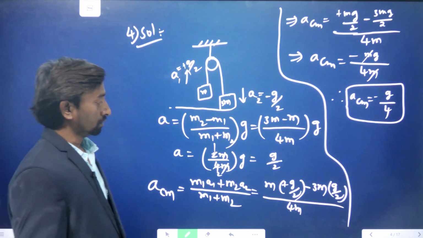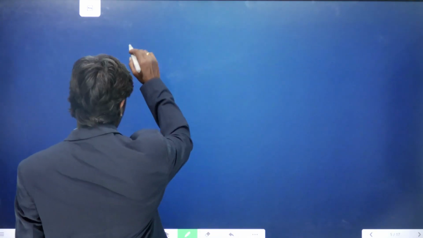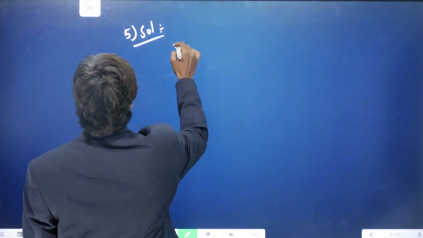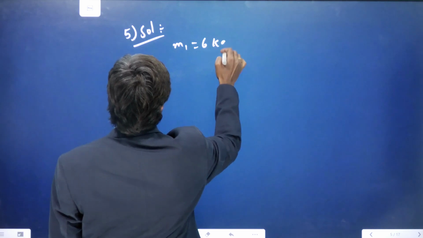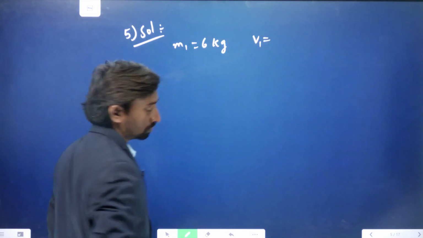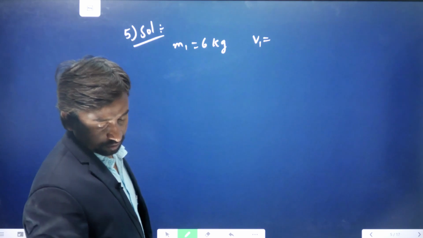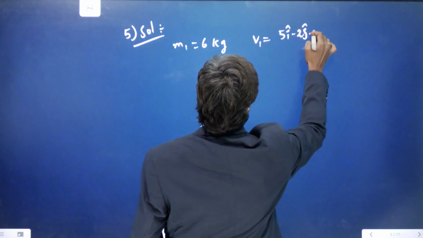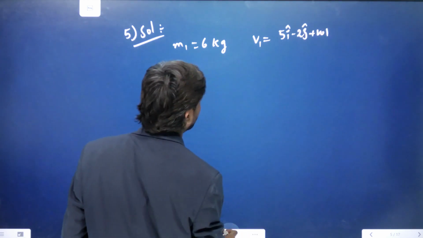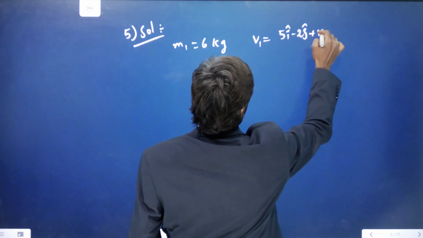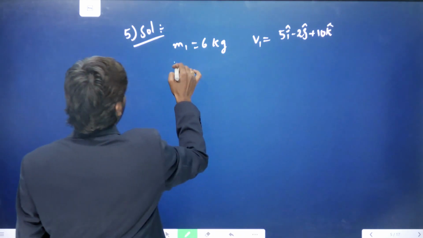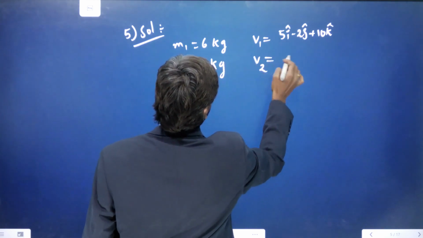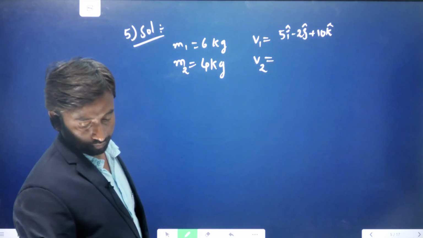Okay, so now write here, fifth one. So m1 is equal to 6 kg and v1 is equal to 5 i cap minus 2 j cap plus 10 k cap, and m2 is equal to 4 kg, and v2 is equal to how much? v2 is given there.